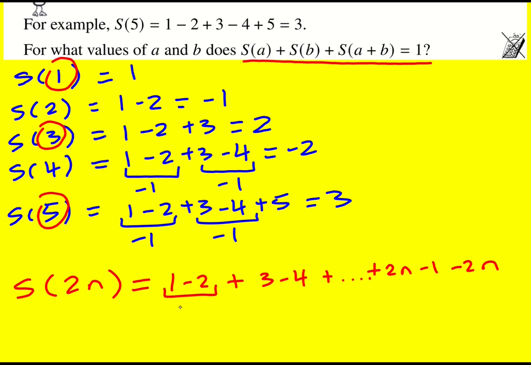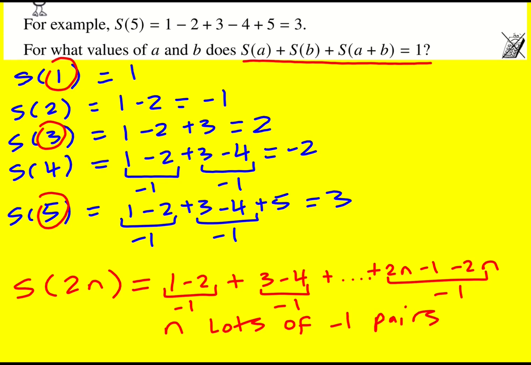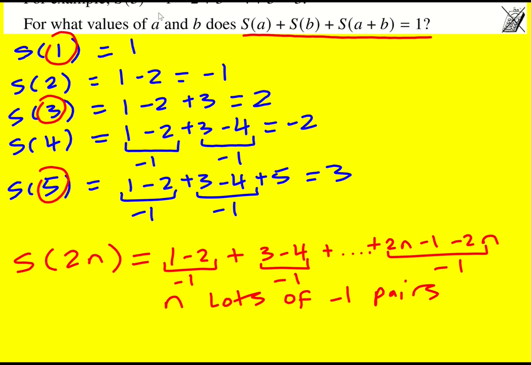And essentially, we're going to get lots of minus 1 pairs. And in fact, we're going to have n lots of minus 1 pairs. When I say minus 1 pairs, I mean two numbers that sum to minus 1.